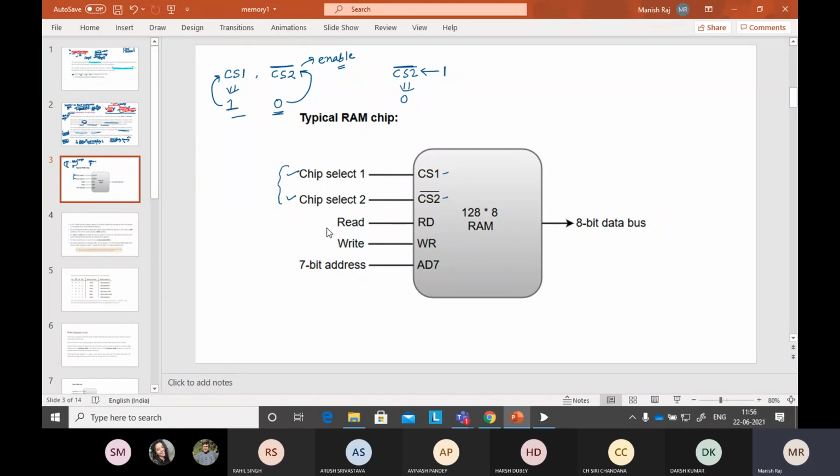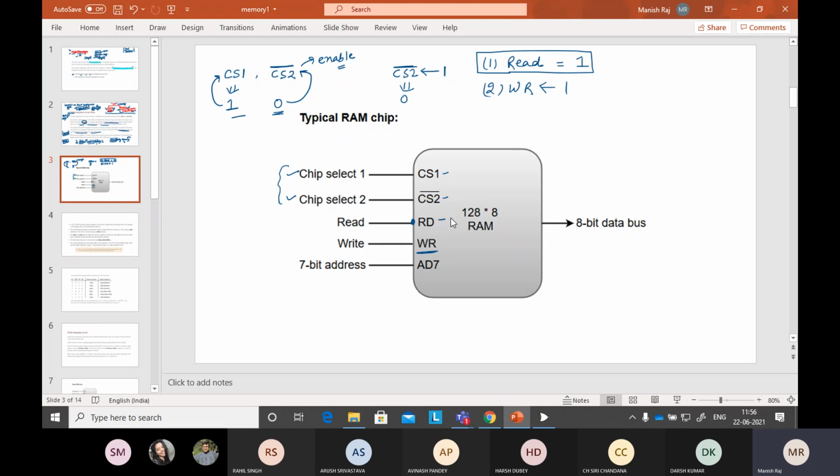Now you can understand there are two types of operation. I have already told you that you can do the read here and also the write here. If I just want to read, I will enable this RD or read input, providing 1 to it. If I provide 1 to write, it will enable the write.